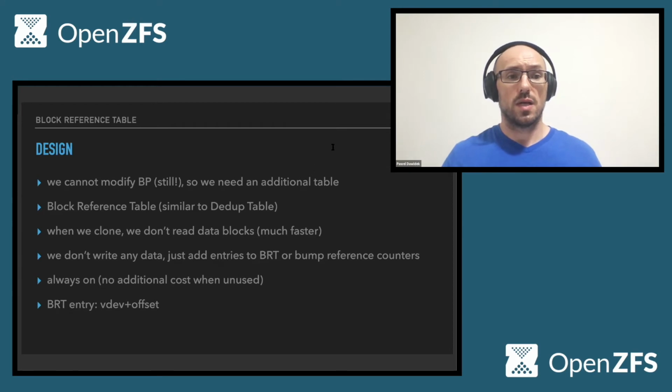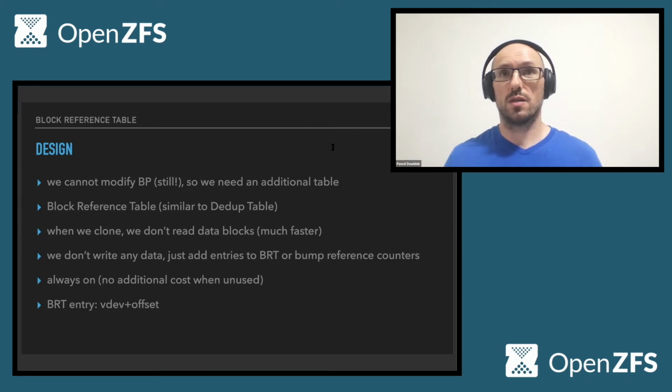So when it comes to design, as I mentioned, there is no BP rewrite, so we cannot modify the BP. So we cannot either put a special flag or put a reference counter into a block pointer.